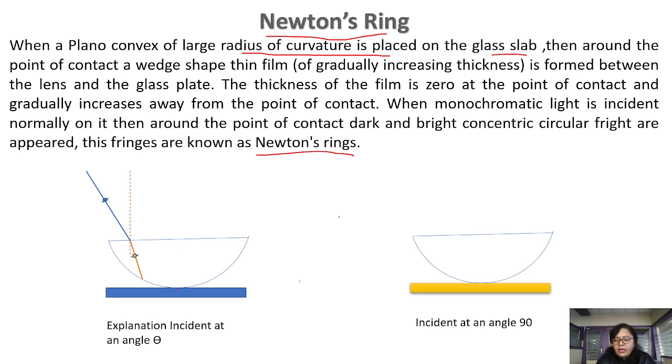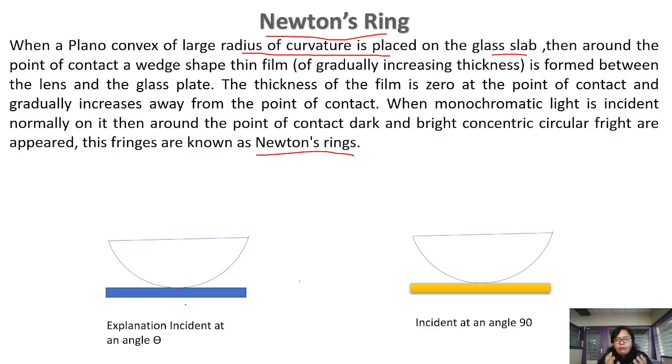Here we are discussing the formation of Newton's rings by the ray theory. Suppose there is a glass plate and I have placed a plano-convex lens on it. Around the point of contact, the thin film is formed. You can imagine a bowl placed over some plane surface.